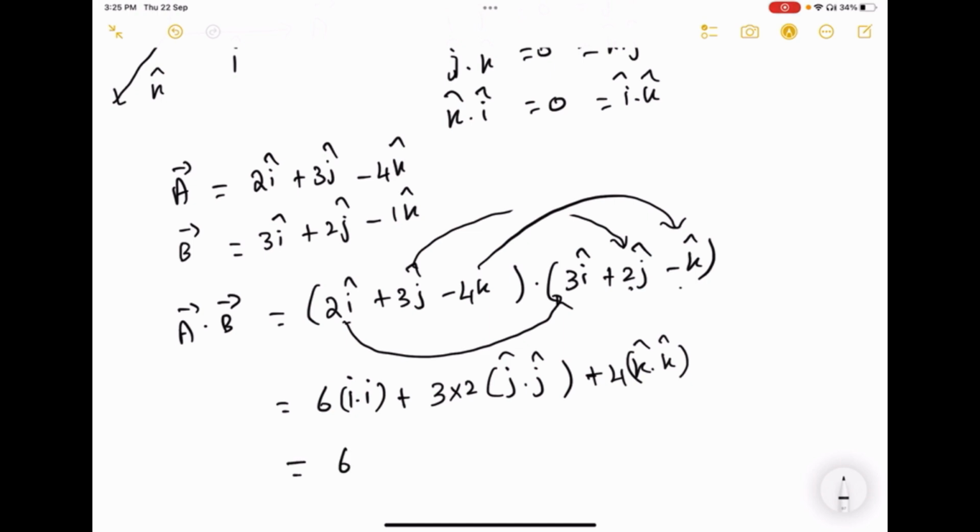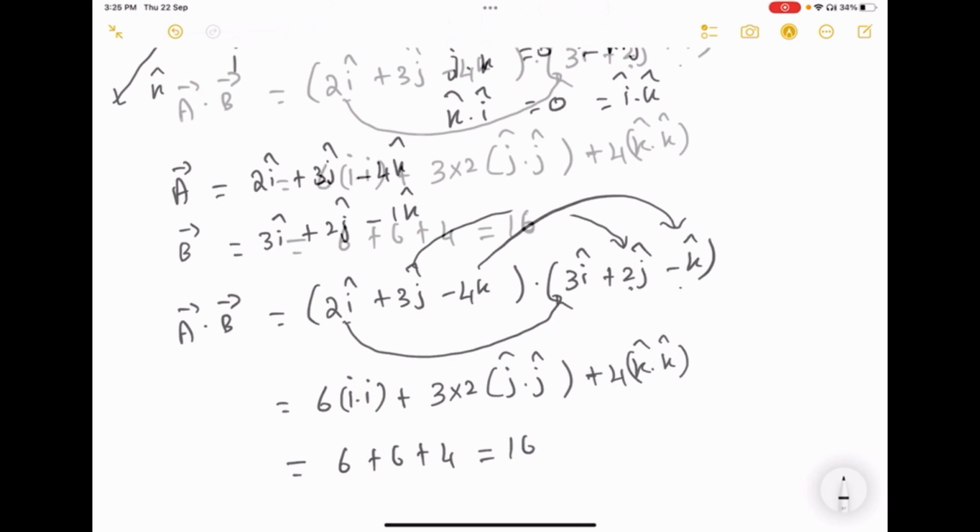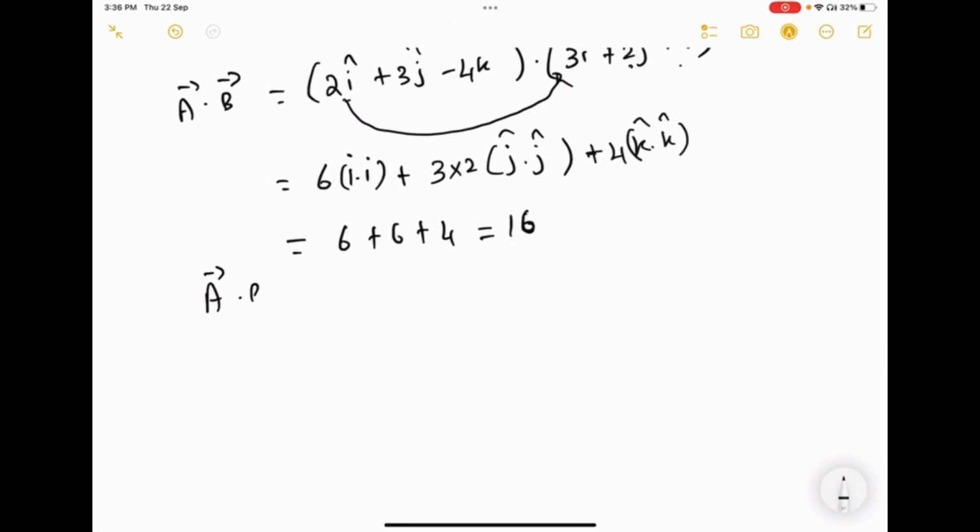So it's going to be 6 plus 6 plus 4. So it will become 16. So my a vector dot b vector is a non-zero value. So my a and b vectors are not perpendicular to each other.